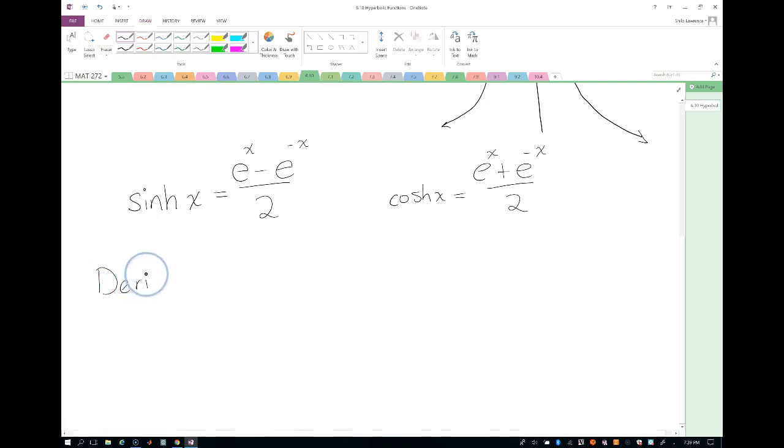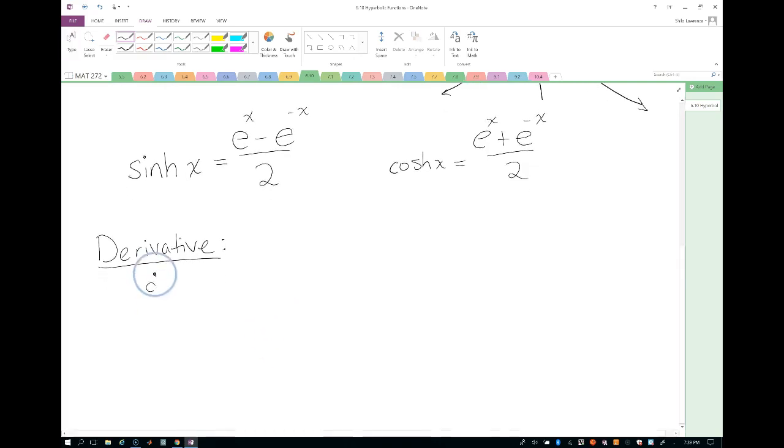The calculus part of this is actually really easy. We've got to remember all of our Calculus 1 rules in terms of product rule, quotient rule, chain rule. We just need to remember the new derivatives for these functions. And we're only going to worry about hyperbolic sine and hyperbolic cosine right now. So the derivative for hyperbolic sine of x is hyperbolic cosine of x, just like it is with our regular sine and cosine.